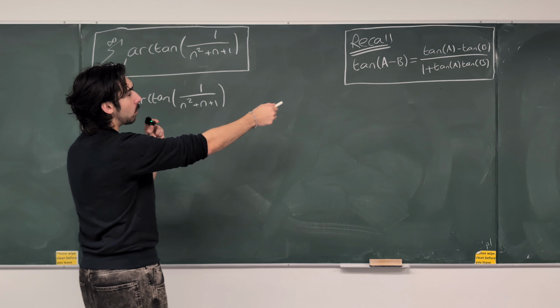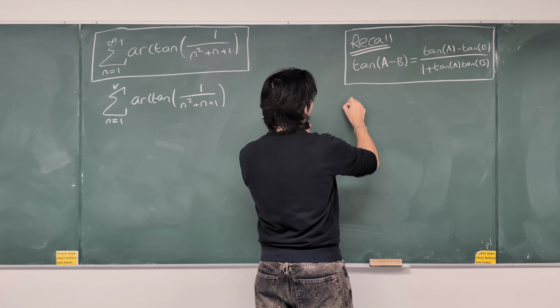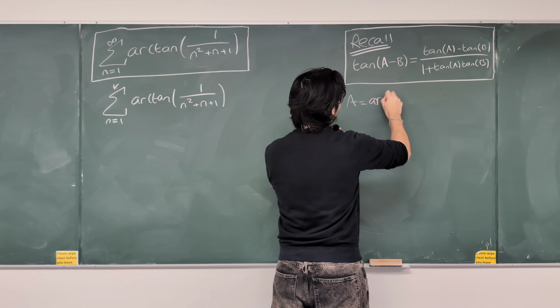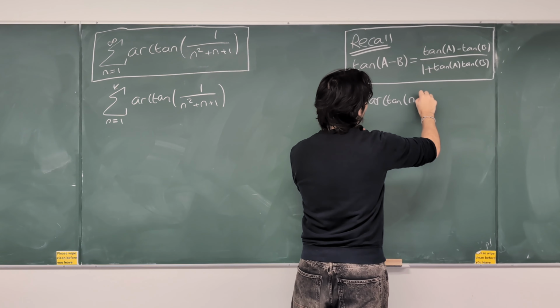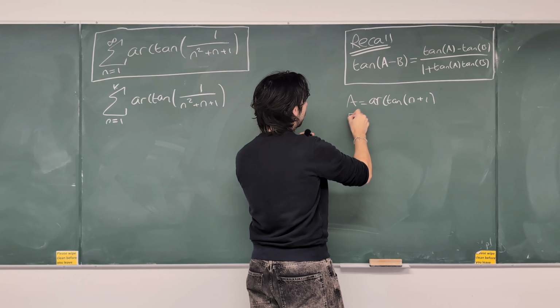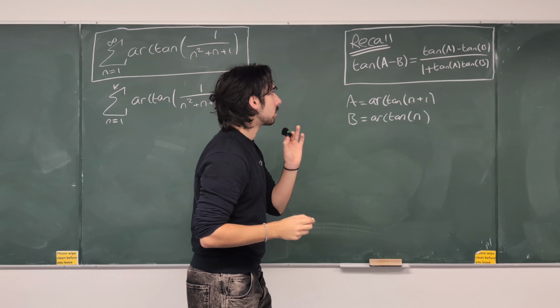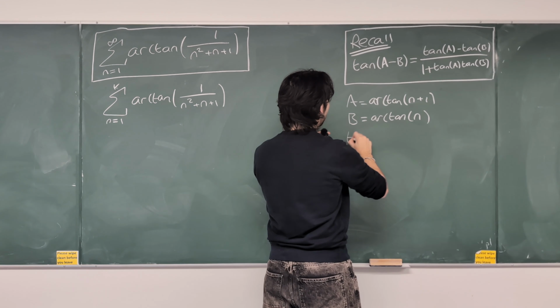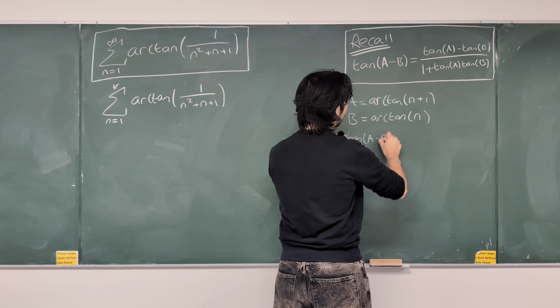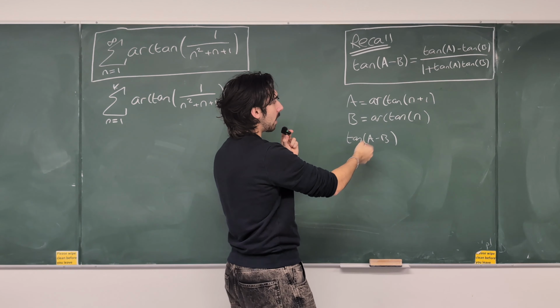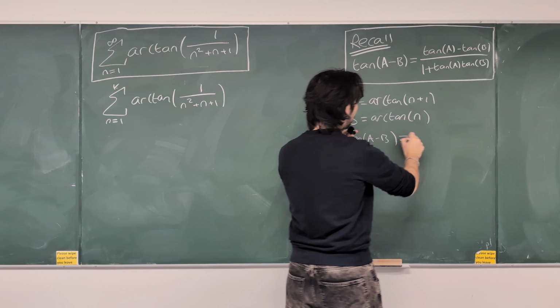So what I'm going to do over here is label A to be arctan of n plus 1, and I'm going to say that B is arctan of just n. So if I find tan of A minus B, so arctan of n plus 1 minus arctan of n, let's see what actually happens.